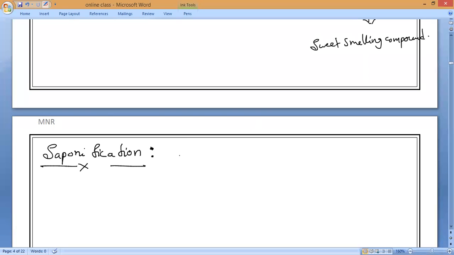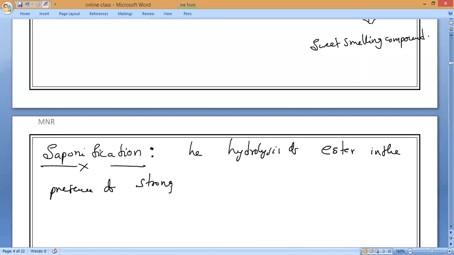That is the hydrolysis of ester in the presence of a base, sodium hydroxide, a strong base, and it is called saponification.